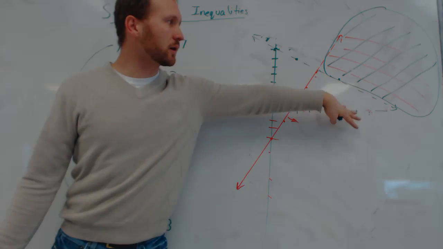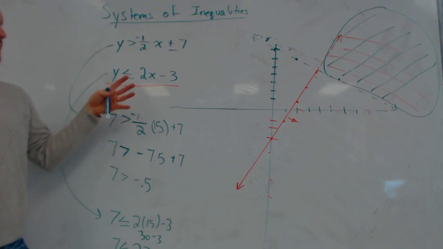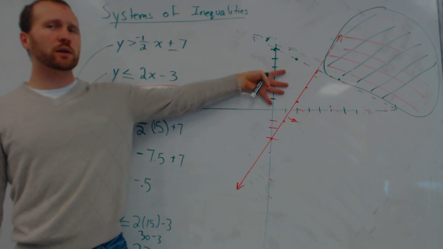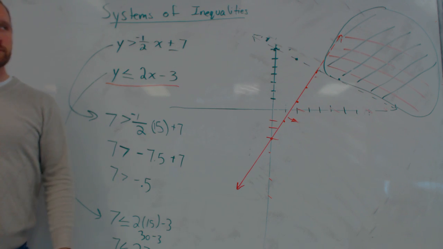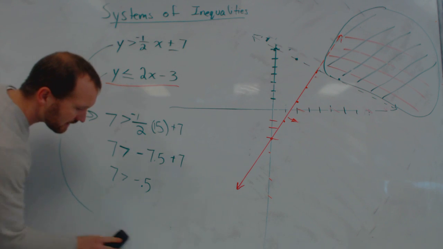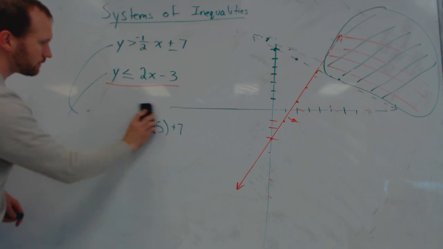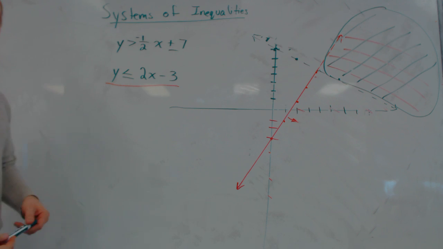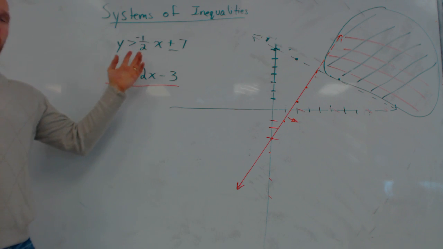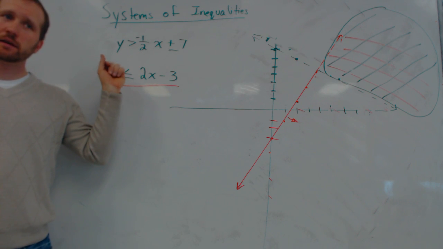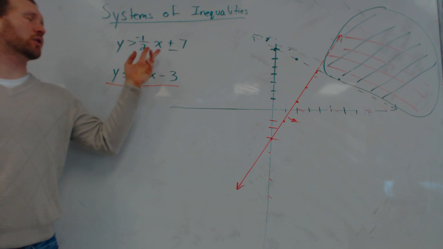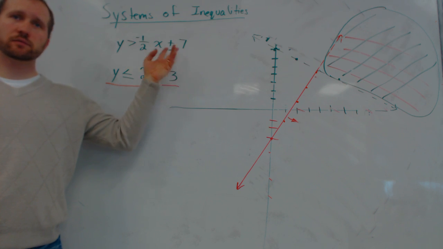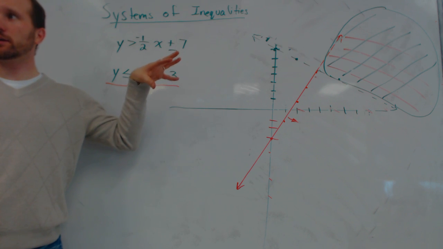Any point over here is true for this one but not this one. Any point over here is true for this one but not this one. And any point over here is not true for either. And this is kind of what I meant by, if you're comparing cell phone plans, you could create a linear equation for most cell phone plans. It's usually some amount of money per minute or per data that you use, plus some amount of just charge per month.